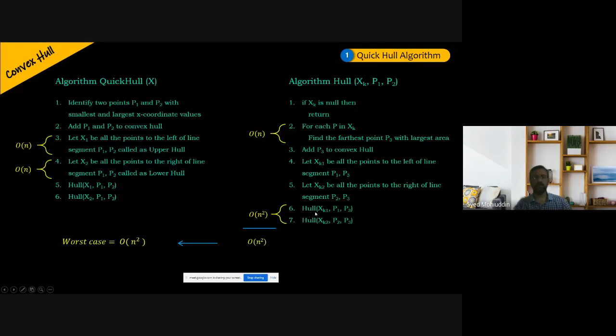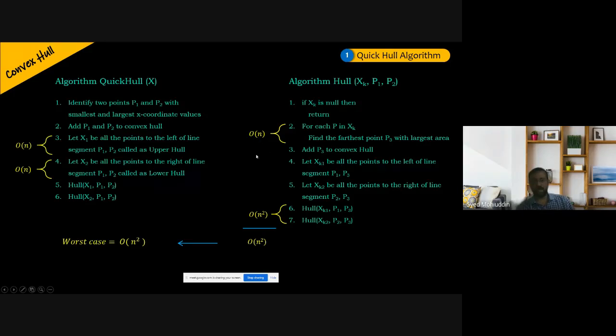But recursively, when we call hull, this part gives us a complexity of n square, because it is just like two for loops recursively trying to solve the same problem. So here we have O of n square.